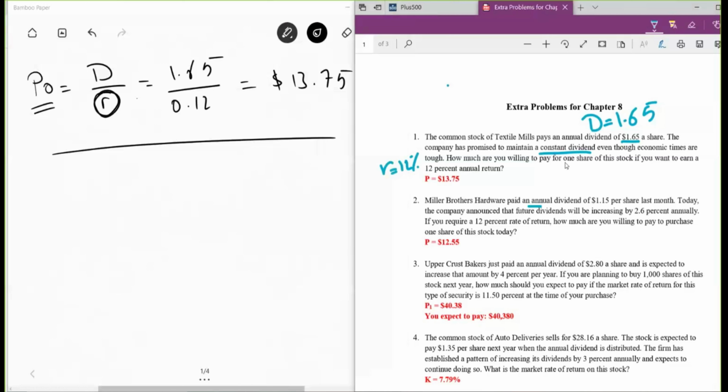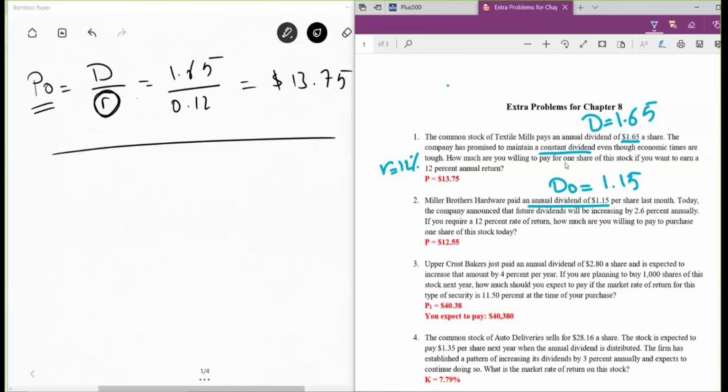So here the company paid an annual dividend of 1.15 last month. So this means D0 equals 1.15. So it's important to know whether this is D0 or D1, because as I said before, this is one of the most common mistakes in stocks valuation.